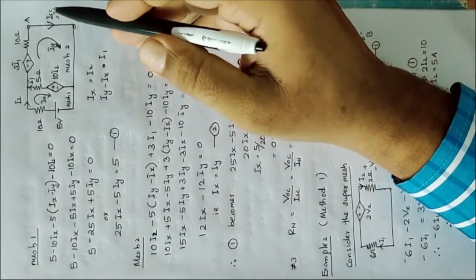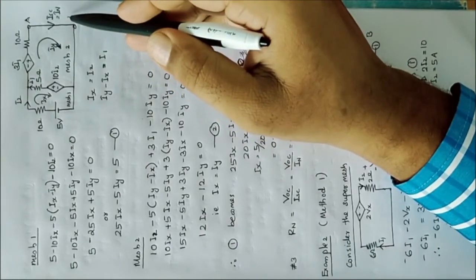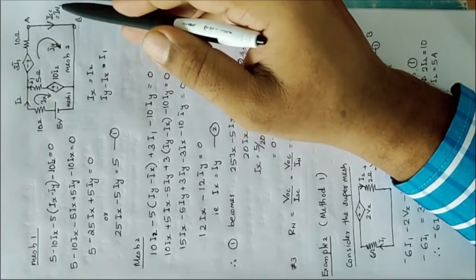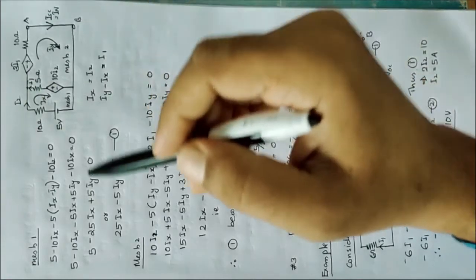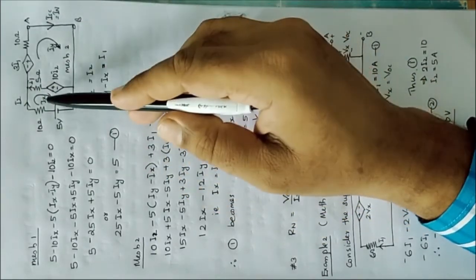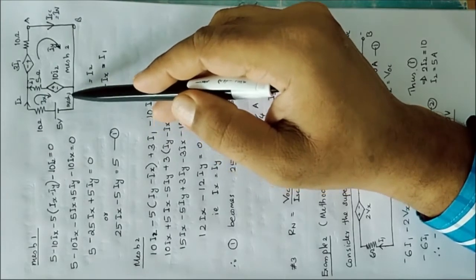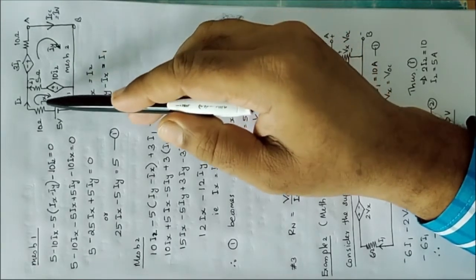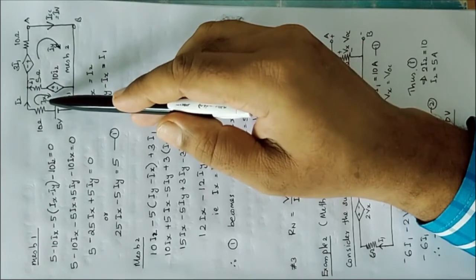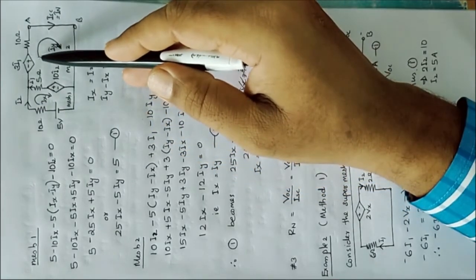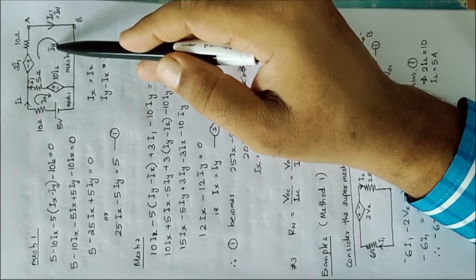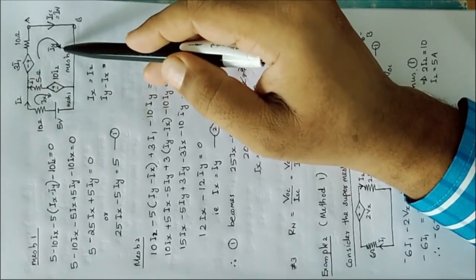We measure the current through the short circuited terminals, which gives ISC, equal to the Norton equivalent current. In this circuit we have two meshes, mesh 1 and mesh 2. Say the current through mesh 1 is Ix in this direction, and the current through mesh 2 is Iy in this direction.